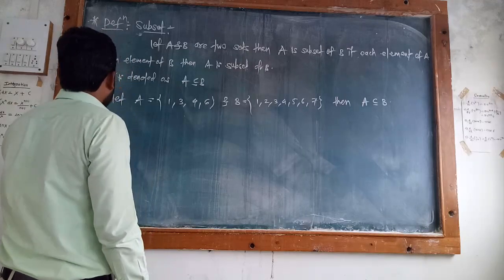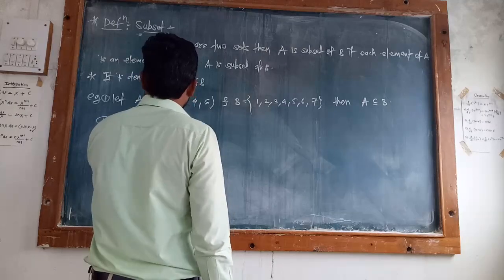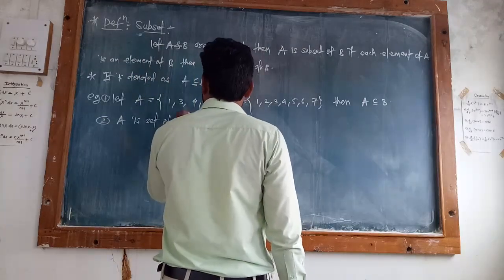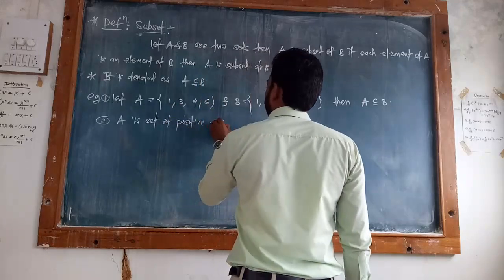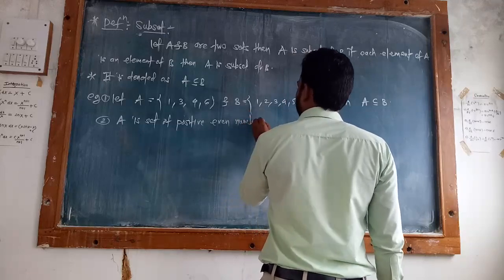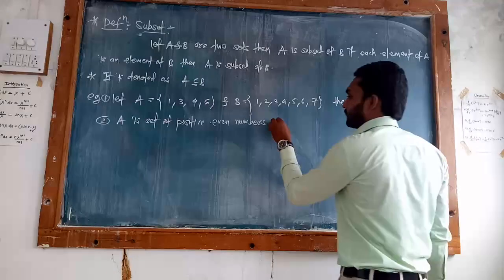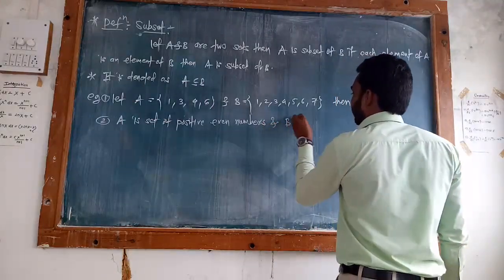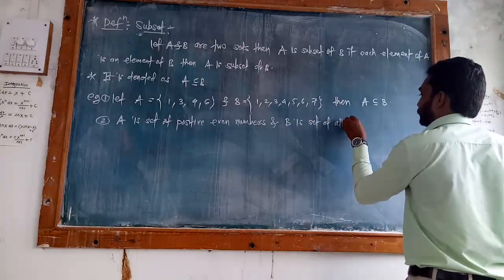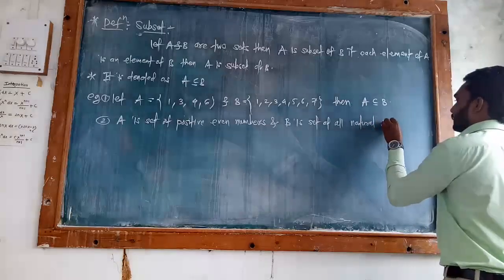Now the second example. Let capital A be the set of positive even numbers and your set B be the set of all natural numbers.